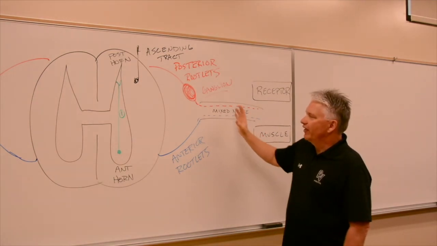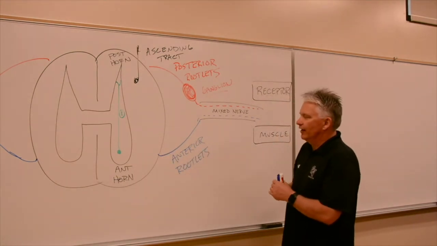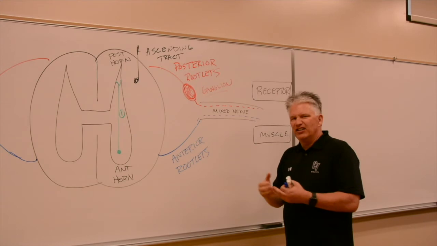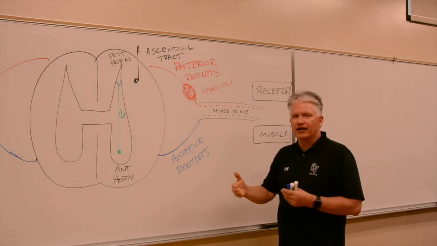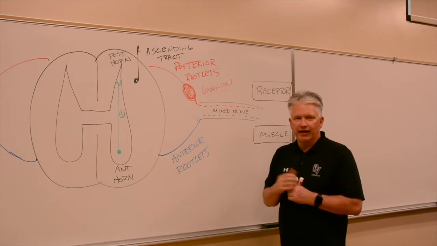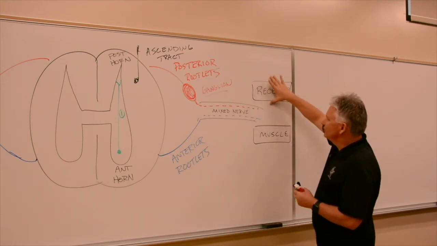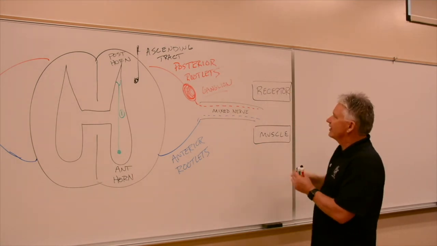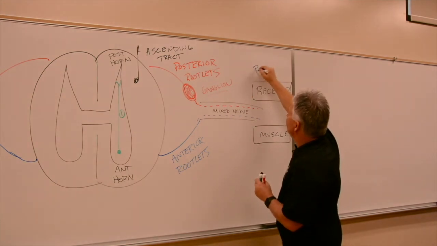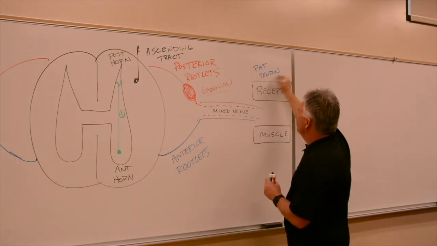The second reflex that we will get is if we look at what we call a tendon stretch response. This would be what happens when you go to the doctor and he taps you on the knee with that reflex hammer. So you're sitting in the doctor's office, you're sitting on the table, and they take that reflex hammer and let's say they hit you in that patellar tendon right below your kneecap.